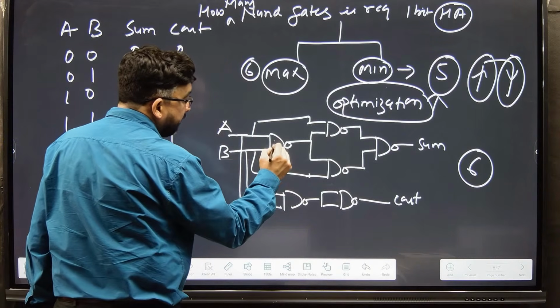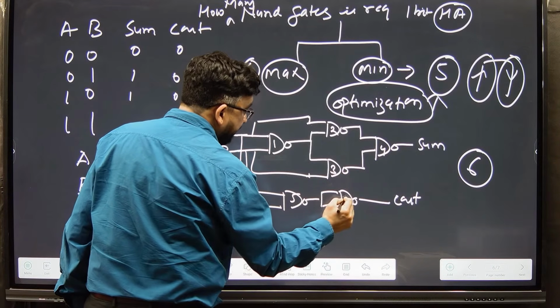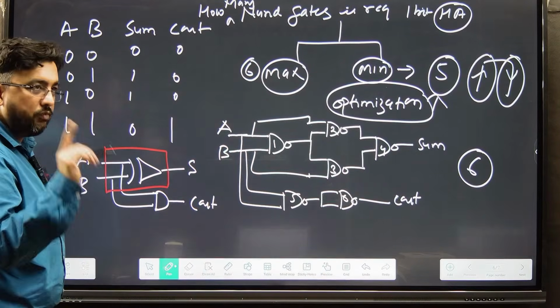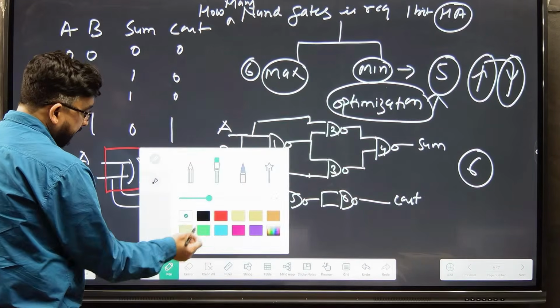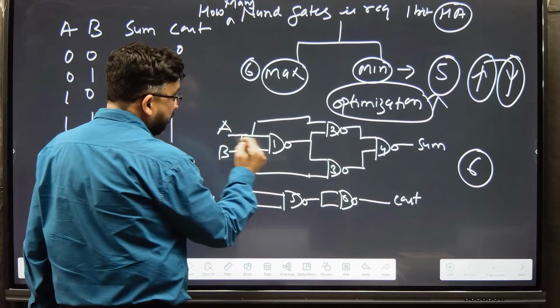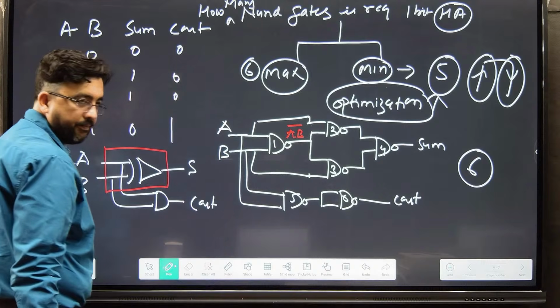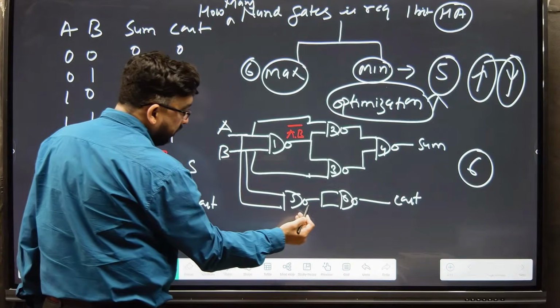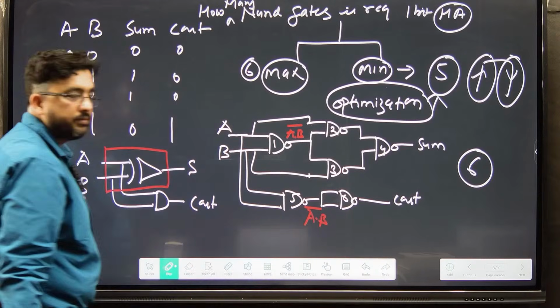So this is gate number 1, 2, 3, 4, 5 and 6. You have to remove any one gate. If I take the output, we are getting A dot B bar here, and the same A dot B bar here also.